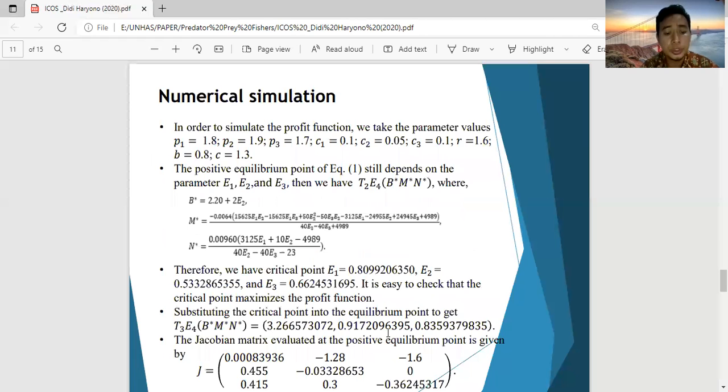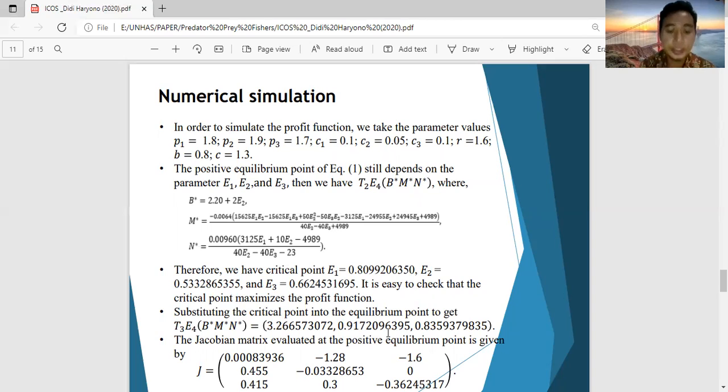In order to simulate the profit function, we take the parameter values P1, P2, etc. So the positive equilibrium point of equation 1 still depends on the parameters E1, E2, and E3. Then we have T2, F4.